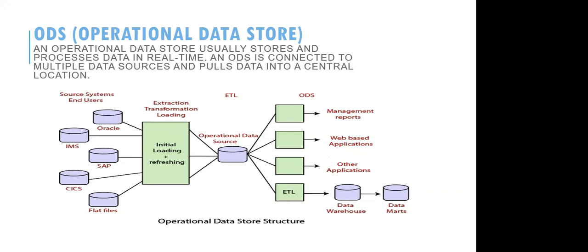Once the purpose is done, we delete it or remove the ODS. Here we apply all the transformation logic and convert raw data into a proper format, which is stored in the ODS. You can then move it to the data warehouse, use it for other applications, or even create reports from the ODS data.